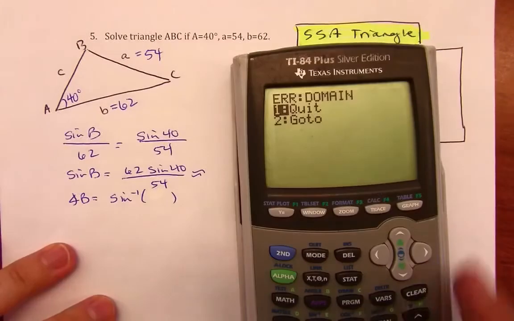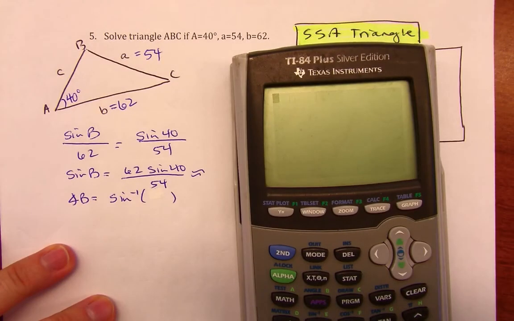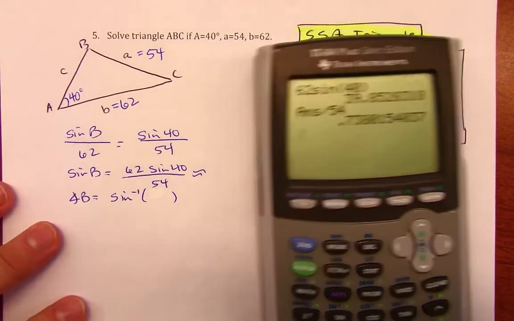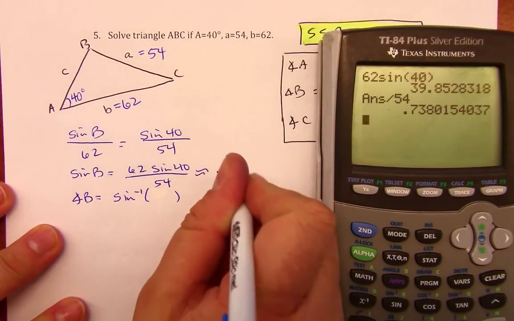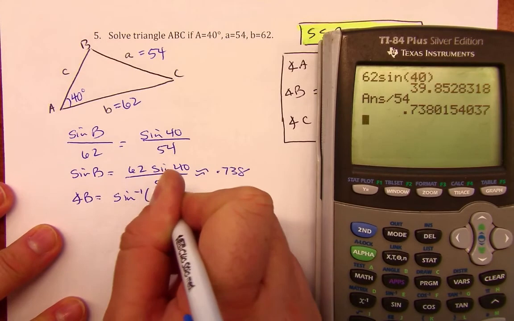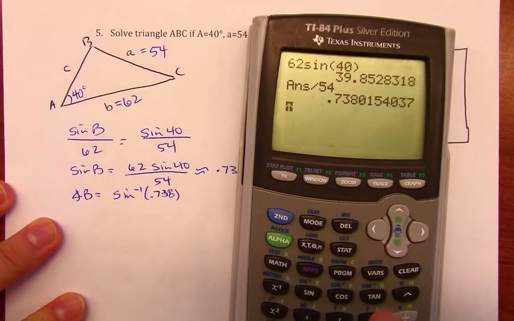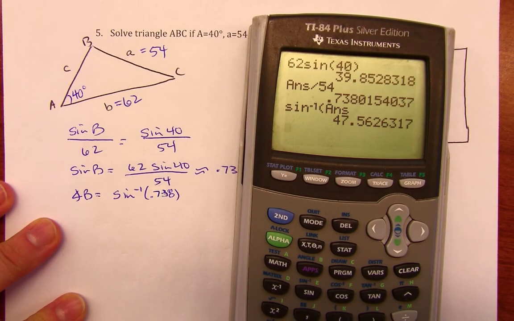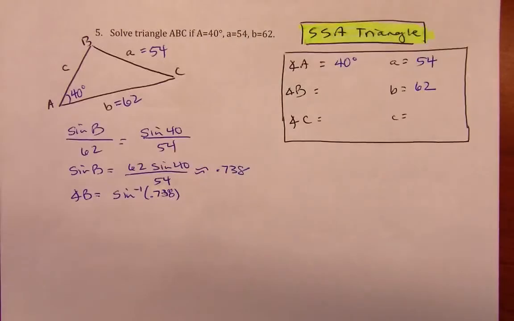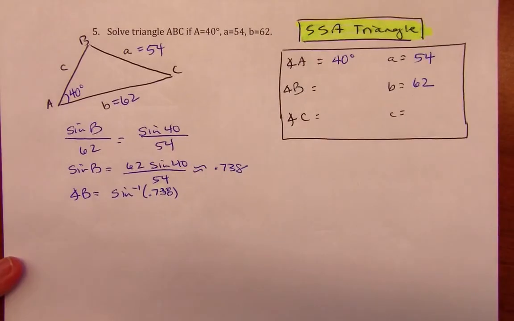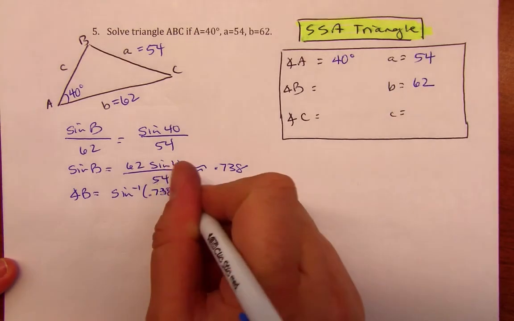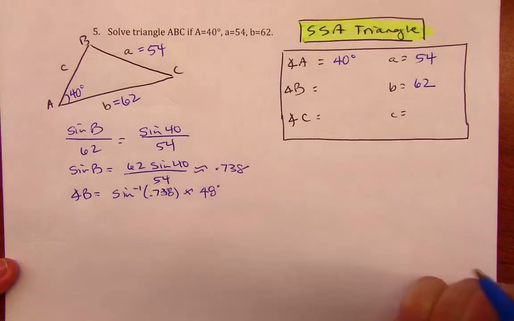So 62 sine 40 divided by 54 is about 0.738. And then we'll do inverse sine. And we get 47.6. Let's just say 48 to make things simple.